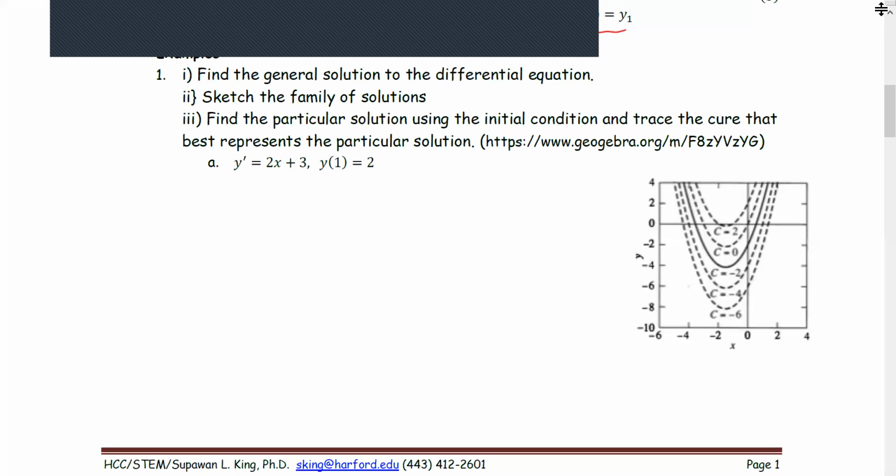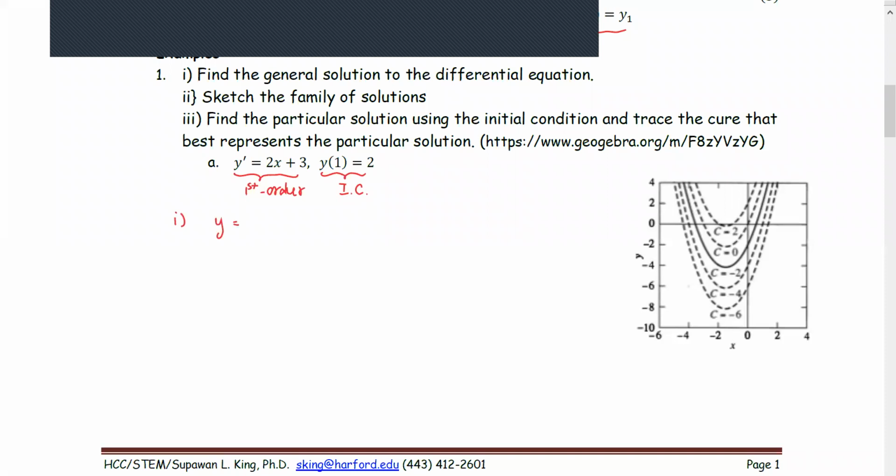In part A, we have y prime equals 2x plus 3. And this is the first order. For the first order, we need one initial condition. Part 1, find the general solution.